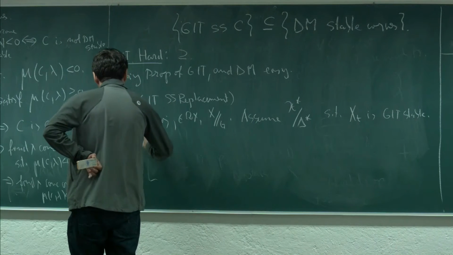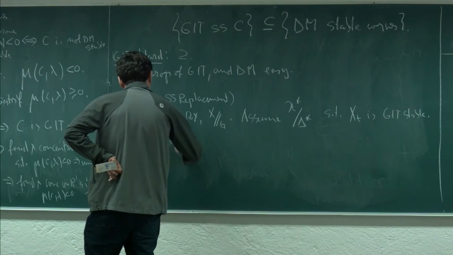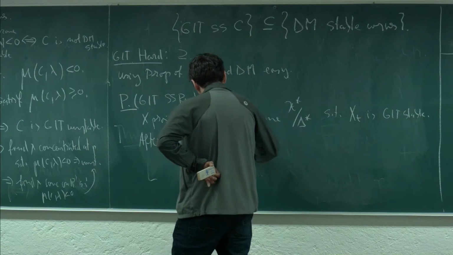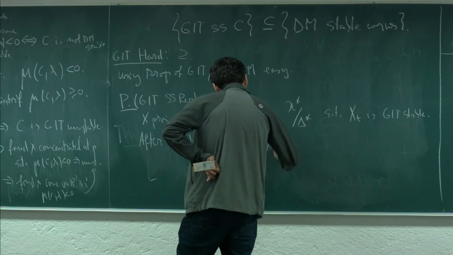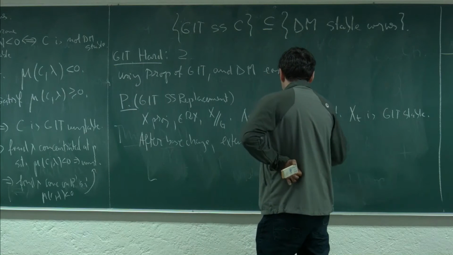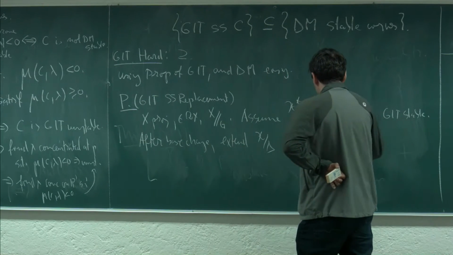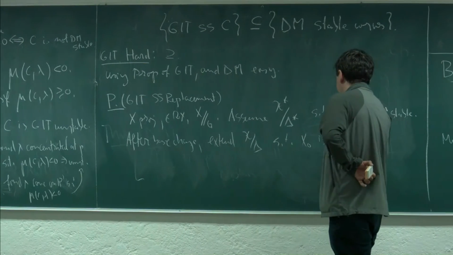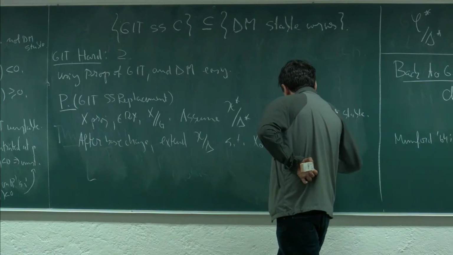Then, as usual, after base change, I can extend to X over delta such that X_0 is GIT semi-stable, or I can even assume polystable.